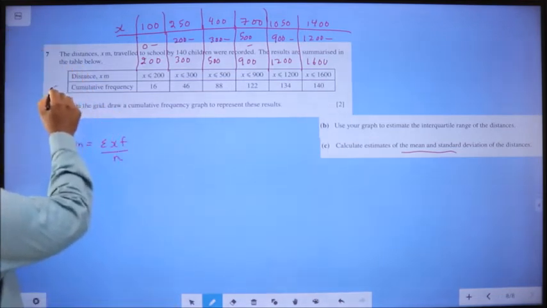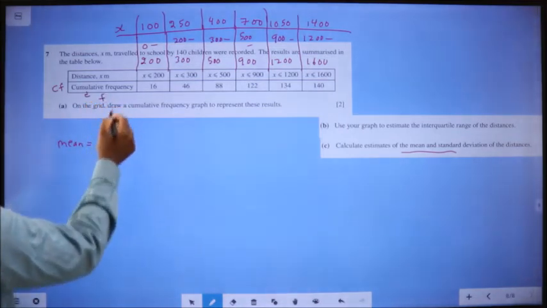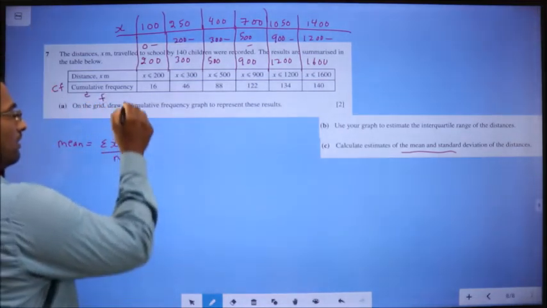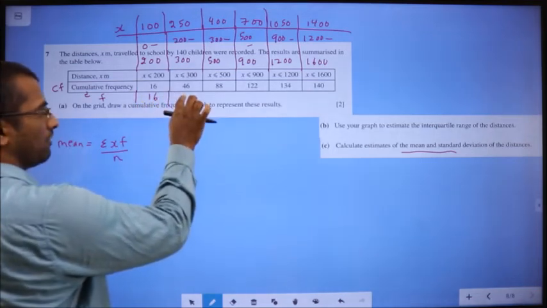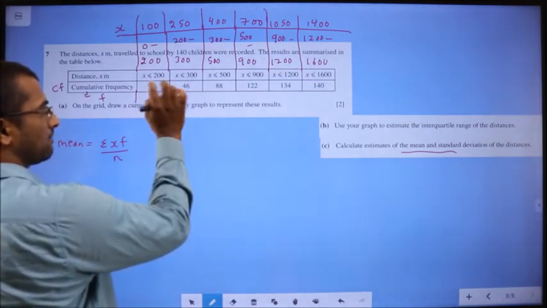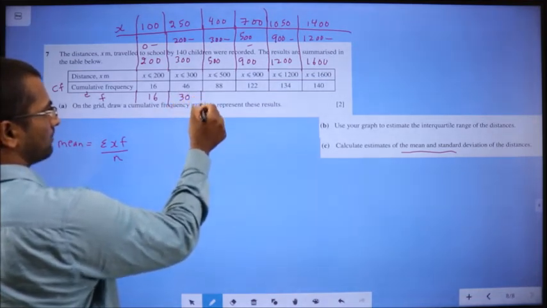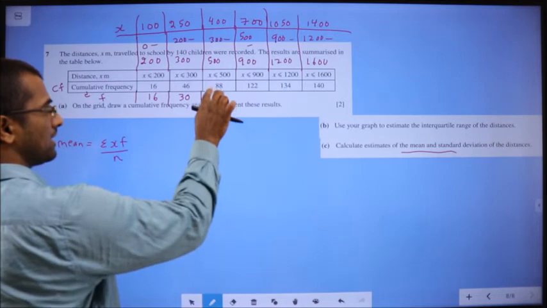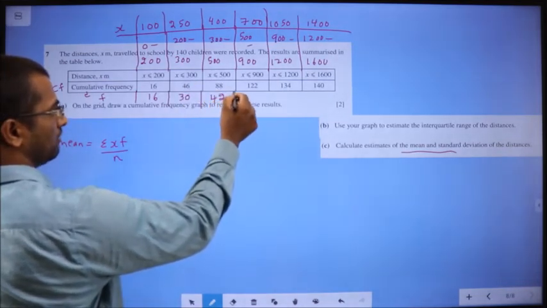Now, given to us is cumulative frequency. Using this, I should calculate frequency. For the first column, frequency will be 16. For the second, it will be 46 minus 16. That will give me 30. For here, the frequency is 88 minus 46, 42.